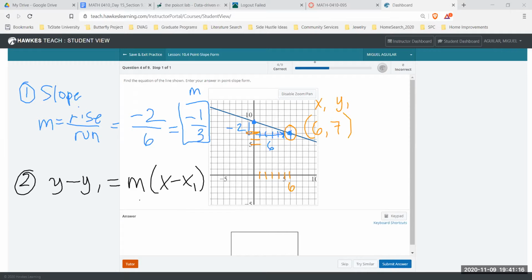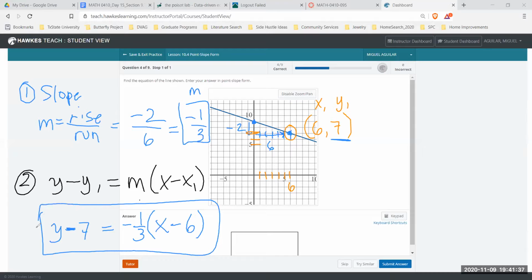And we're just going to plug in those values that we have. So y minus y1, going to be 7. So y minus 7 is equal to the slope, which we found to be -1/3, times x minus 6. So this should be the equation that they're looking for.